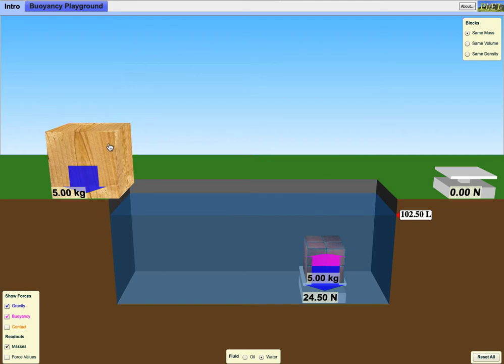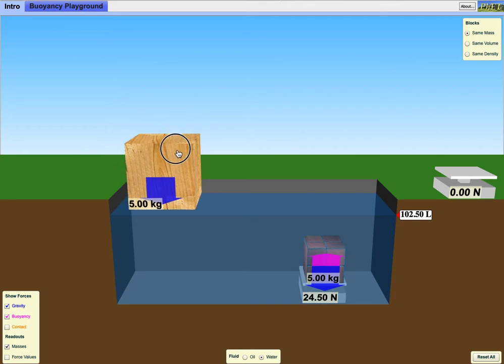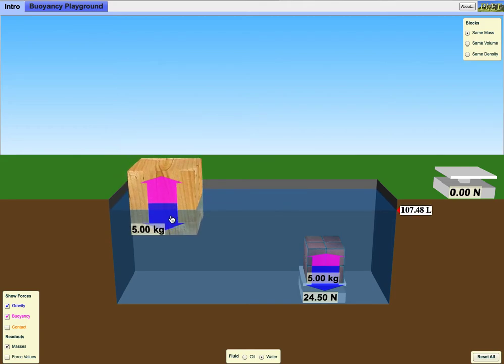We can get an idea of what a buoyant force does in terms of this piece of wood here. The wood floats, and the reason why is that the buoyant force might be equal to gravity, or a little bit more. In general, objects that are low density float upwards, they don't sink.